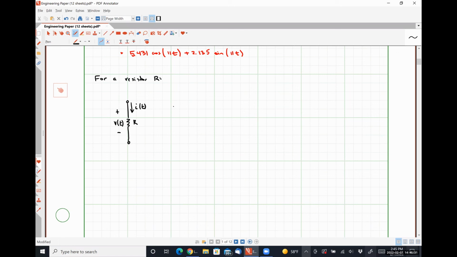Let's say that I have a sinusoidal voltage, Vm cosine omega t plus theta v, and the sinusoidal current Im cosine omega t plus theta I. And I'm going to work for now in the mixed domain, which means I'm going to represent both of these signals with their exponential complex number expression.